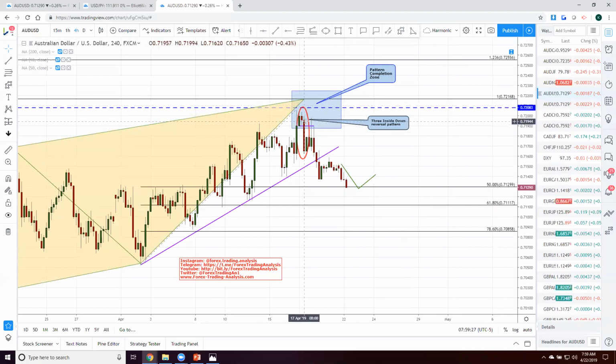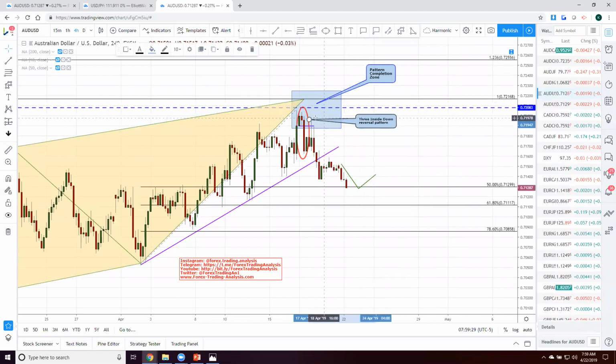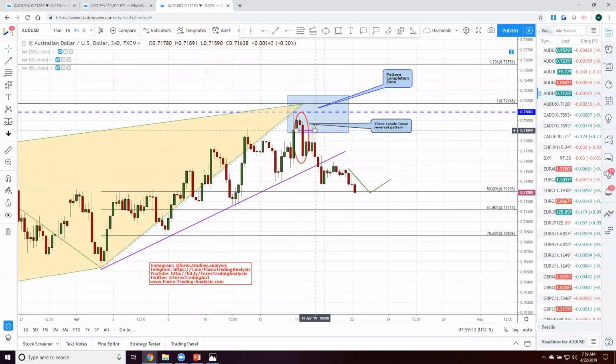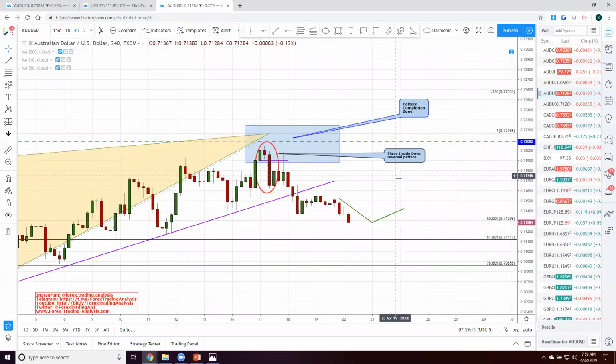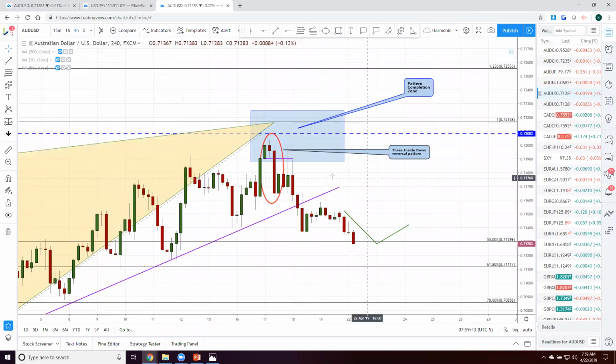So in this one, we also received a 3 inside down reversal pattern with a rejection up before it ultimately broke down. So we sold below the low of this last candle here. If you can see that. So we sold when it broke down below there. As you can see, rejected, and then ultimately fell.